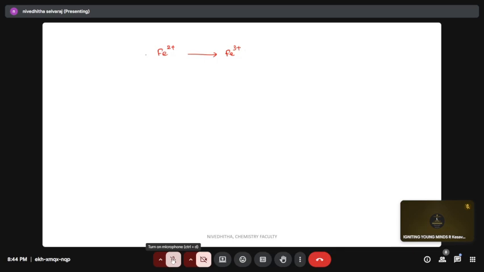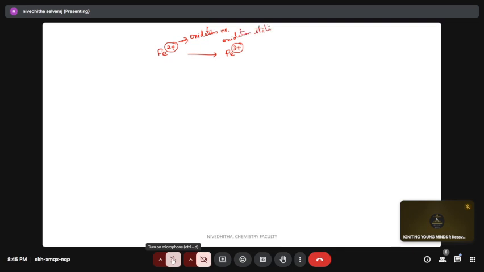Here, without thinking about electrons and all, just by seeing this number itself, we can find whether it is an oxidation reaction or a reduction reaction. See, this number is called the oxidation number or oxidation state.